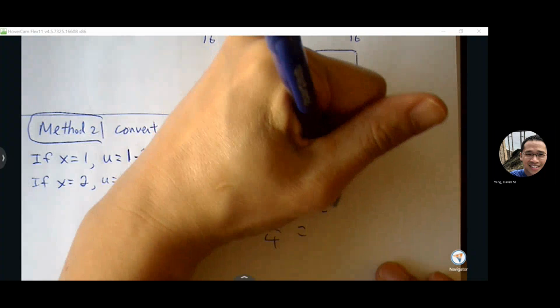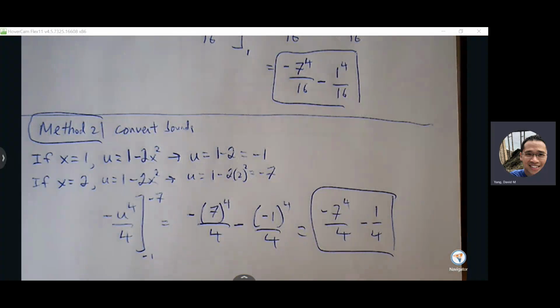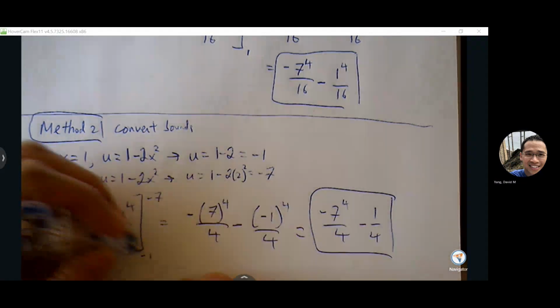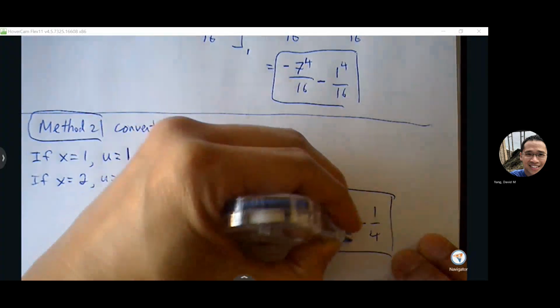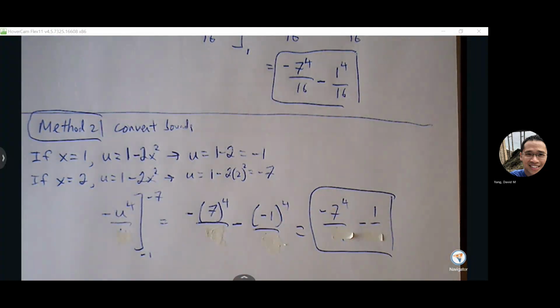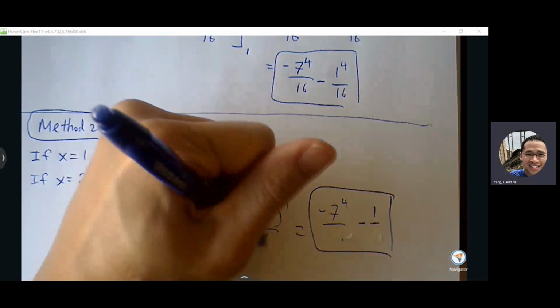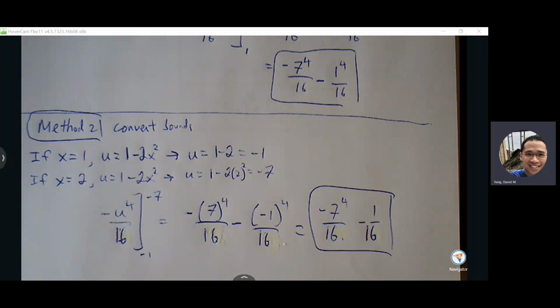Same results. Sorry, 16, not 4. The issue is that we don't deal with these two negatives because we have to resolve this first.